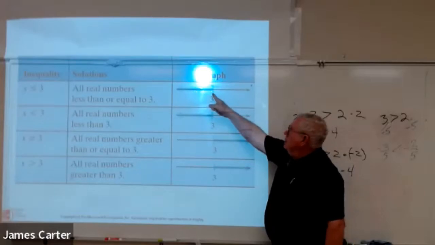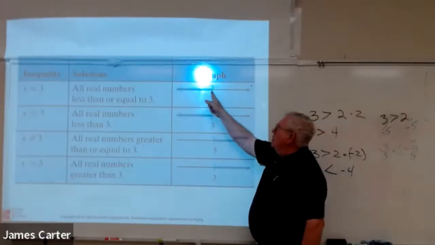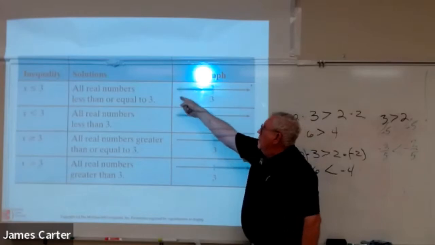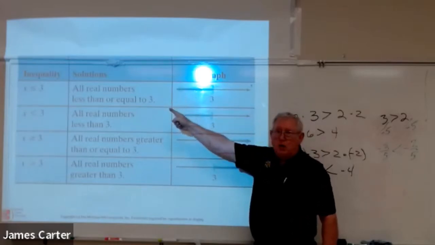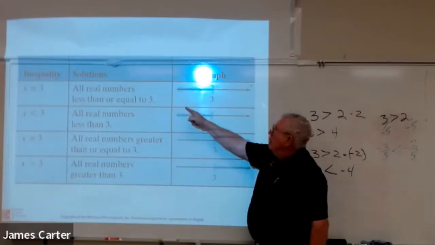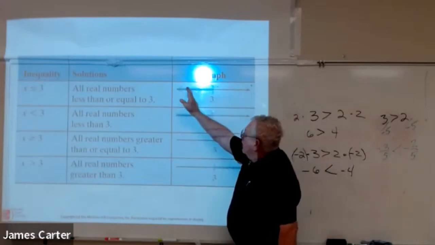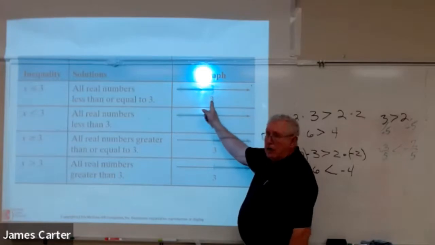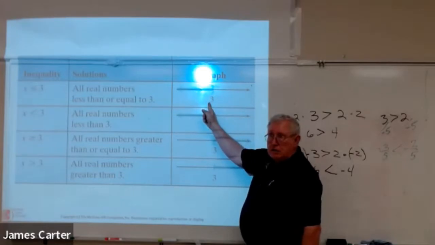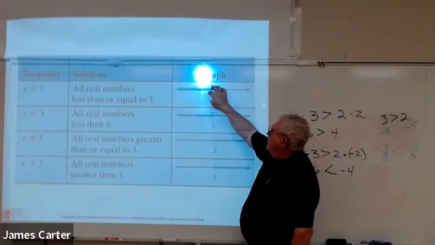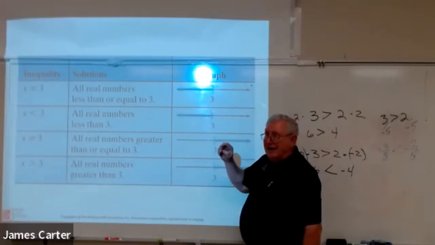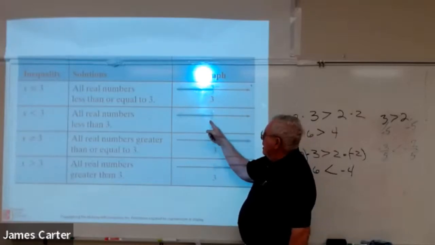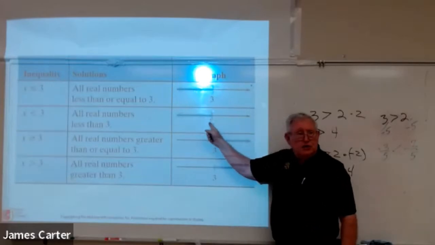Now, this symbol is the equivalent of a closed dot showing all points that way are included. This is numbers less than or equal to 3, inclusive of 3. You can put your fingers in that. This one, on the other hand, is a non-inclusive symbol.